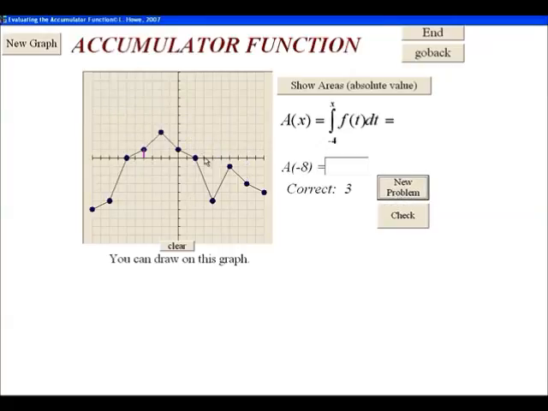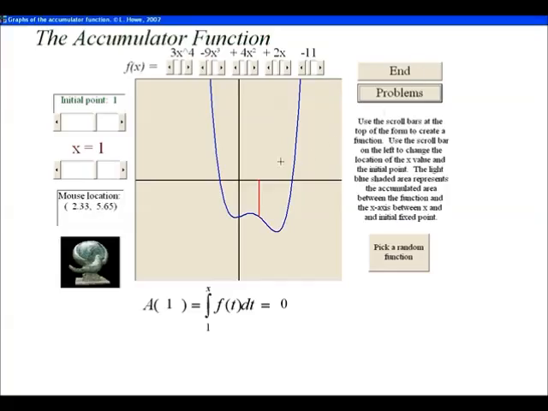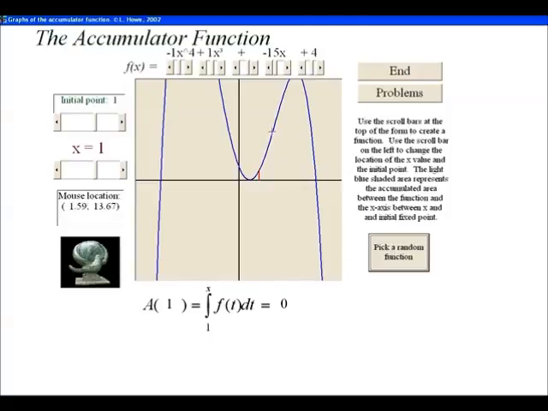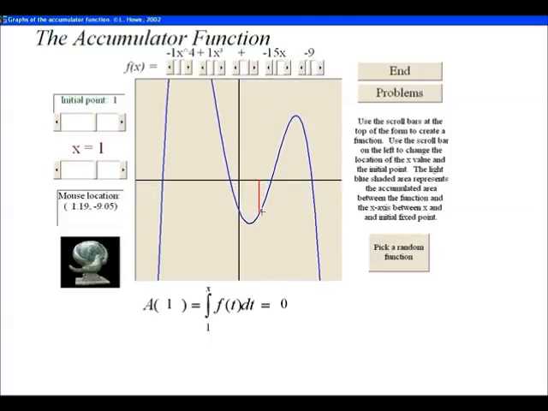So this is the accumulator function, and we can go back and once again let's pick a random function, and if we start accumulating from 1, or maybe I will go down to 0. And we start accumulating area here, function area.